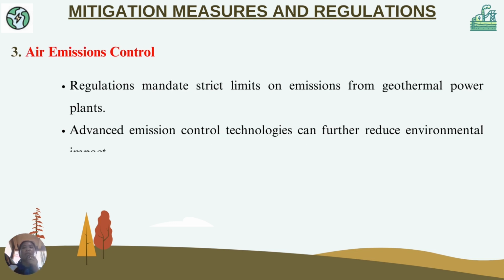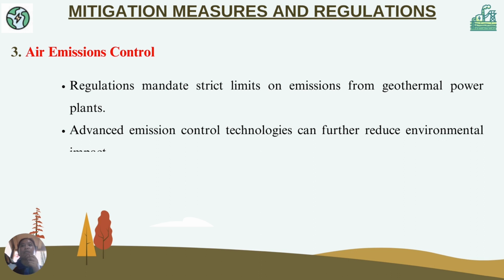Next, air emission control. Air emissions control in a geothermal power plant focuses on managing and reducing the release of gases and particulate matter into the atmosphere, which can result from various plant activities.